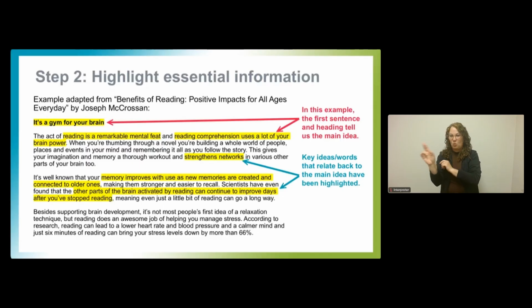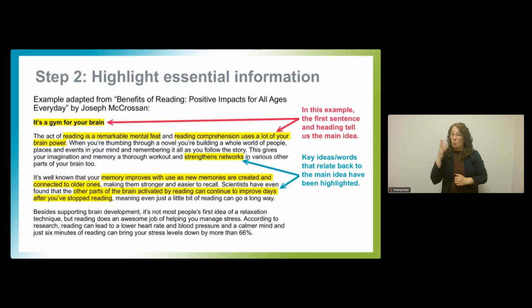And then down below that in blue, I've highlighted what I feel are the key ideas or words that relate back to the main idea. So what have I highlighted? A little bit farther down in that first paragraph, I've highlighted strengthens networks. I feel that is a key idea that I want to include in my summary.